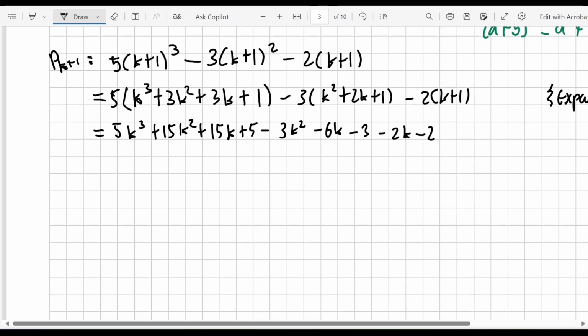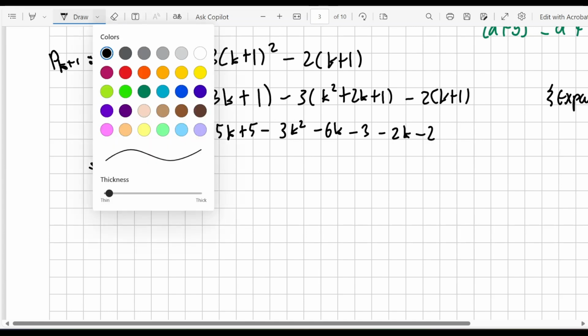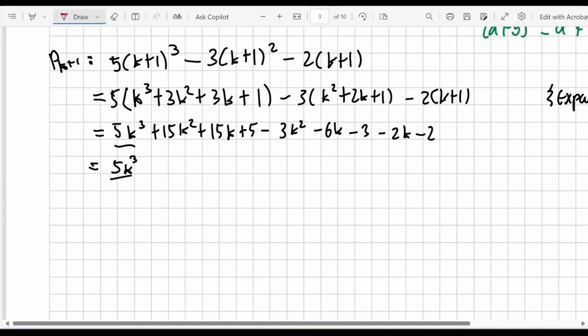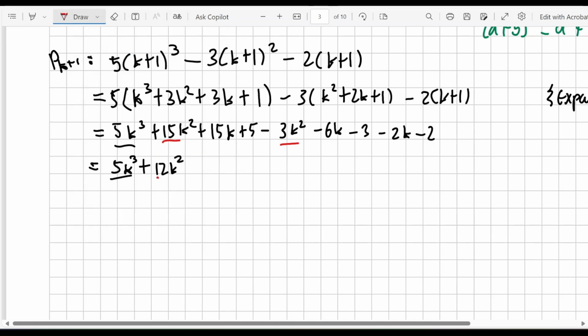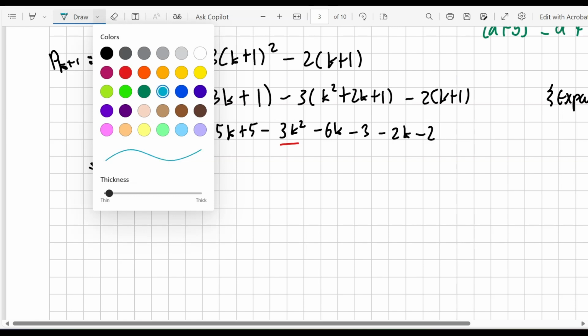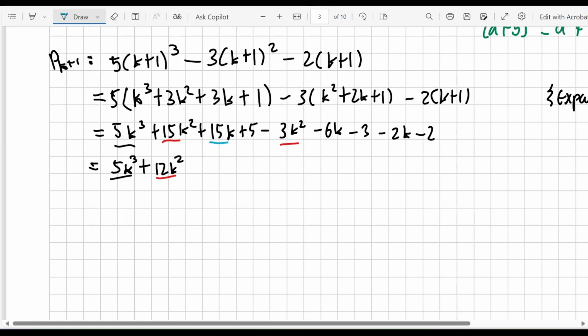All right, we're going to collect our like terms. So our k cubed is just that term there. That's good. And then for our k squared terms, we got that one, we got that one. So if we put those together, we've got 12k squared. For our k terms, we've got that one, and that one.